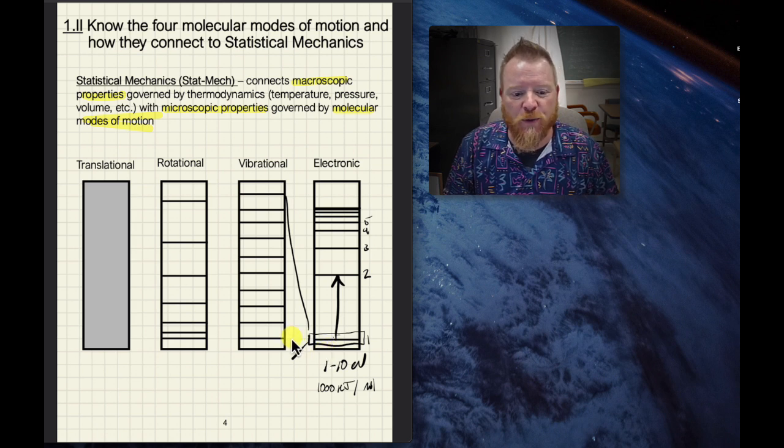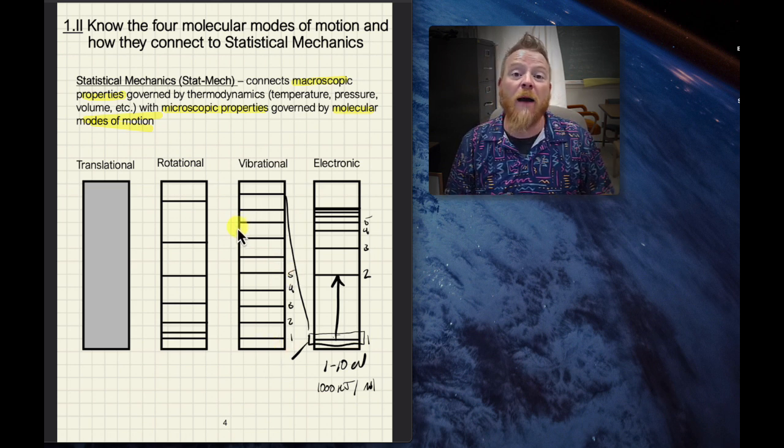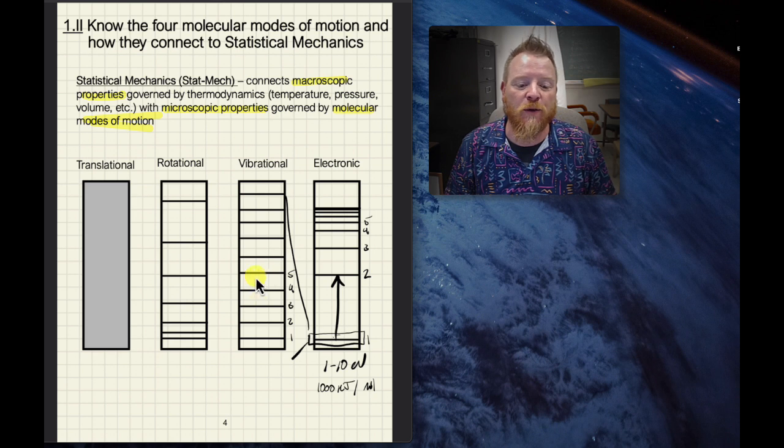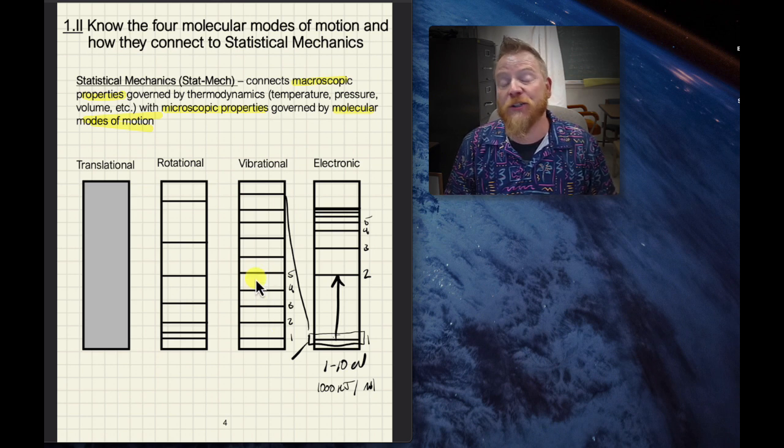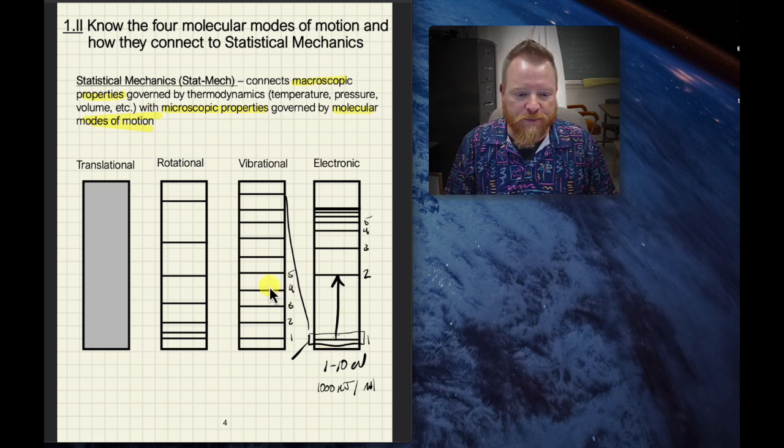And thus, of course, we could have our vibrational levels going up just the same way as the electronic levels, 1, 2, 3, 4, etc. As we will go down the rabbit hole and learn more about this, we'll see the vibrational levels are evenly spaced, so they don't go up in this fashion like the electronic levels.